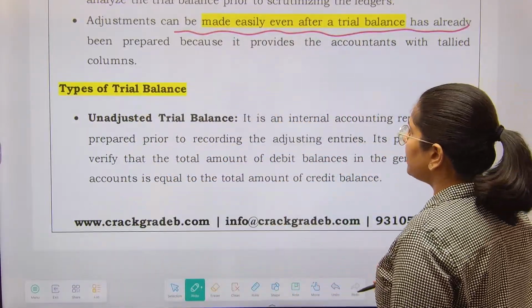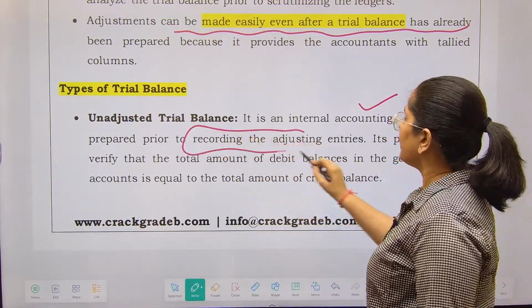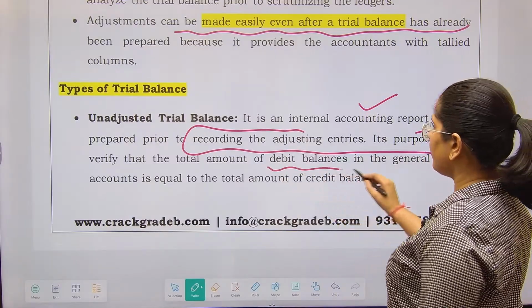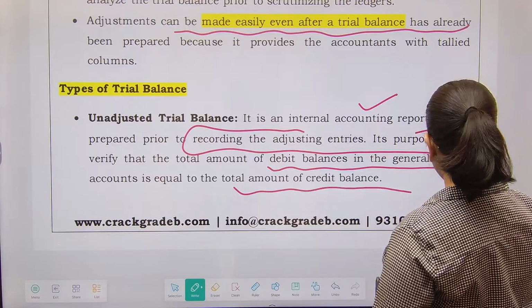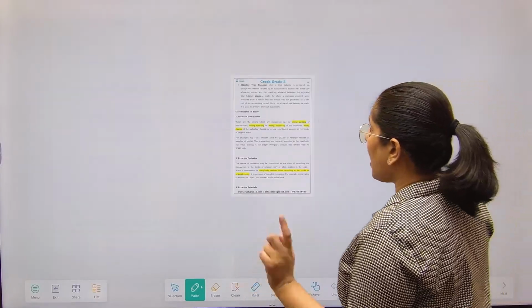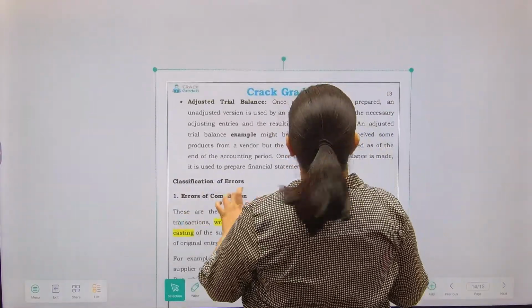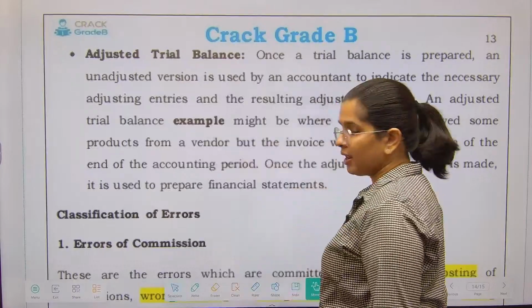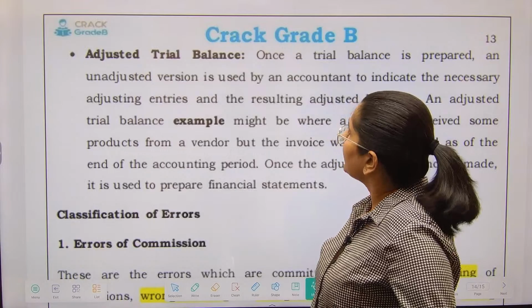It is an internal accounting report that is prepared prior to recording the adjustment entries. The purpose is to verify that the total amount of debit balances in the journal ledger is equal to the total amount of credit balances. Now after preparing this, we find out the errors, and if it needs adjustment entries, we prepare the adjusted trial balance. ठीक है, so इसको भी देख लेते हैं.